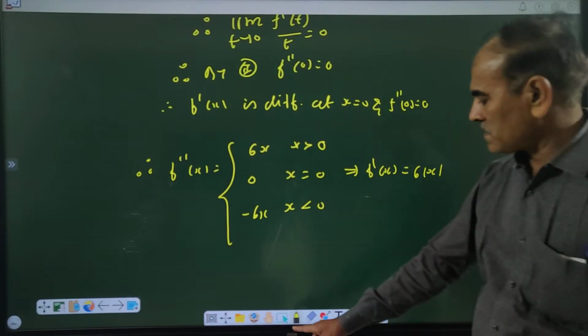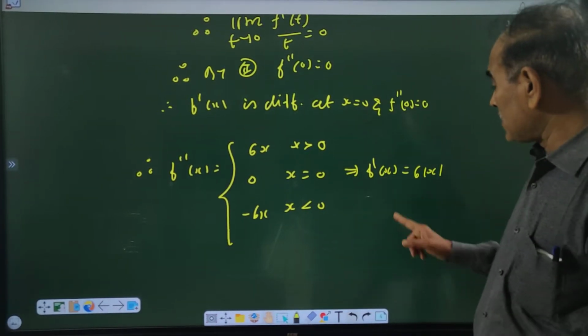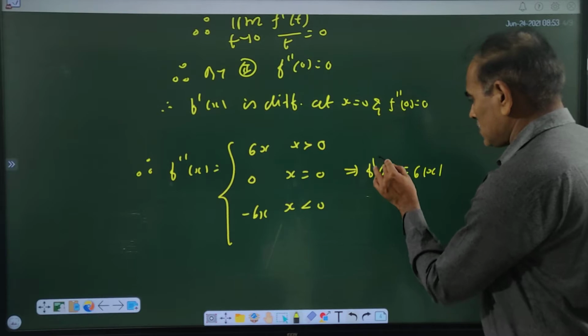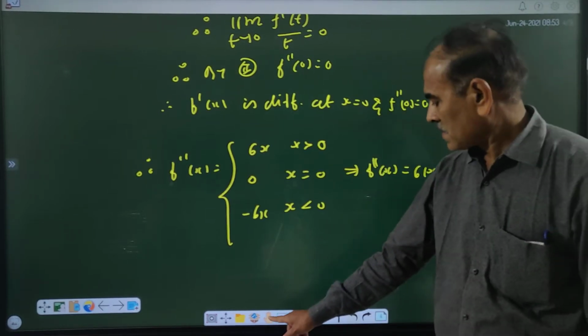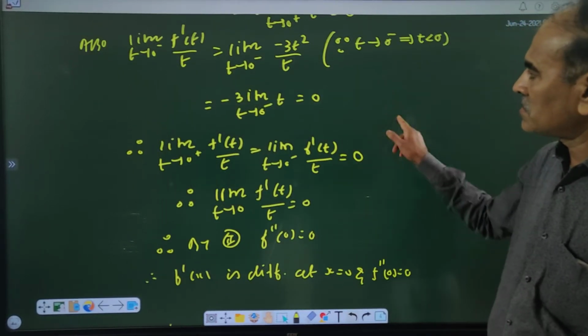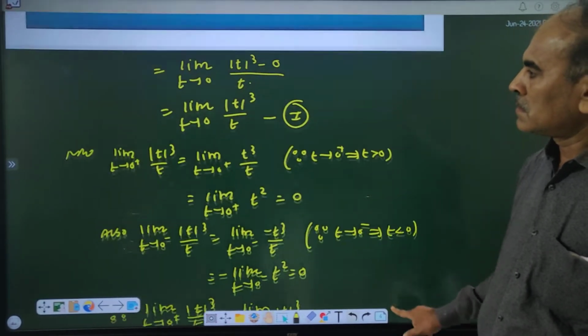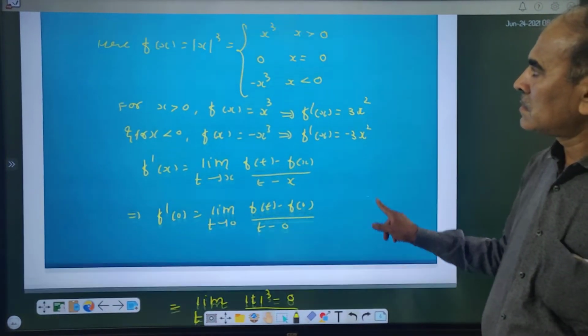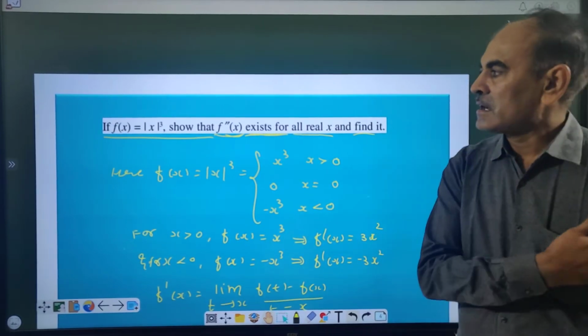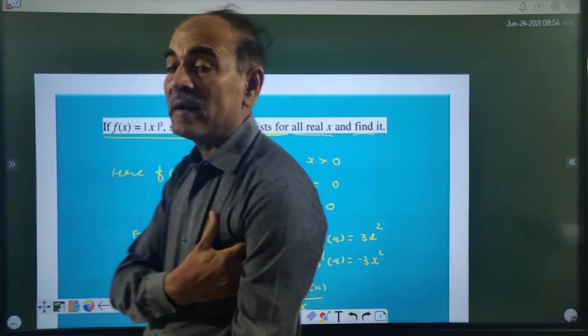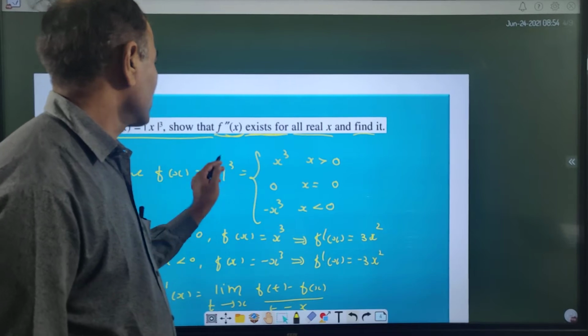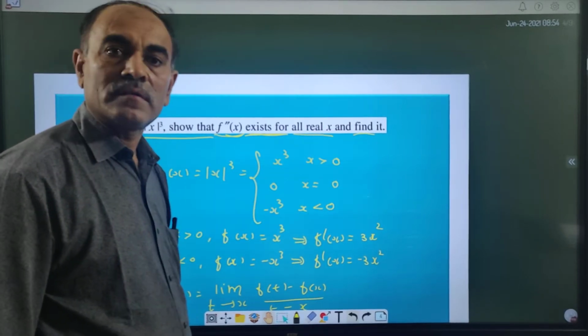That we want to find. See, find f double dash x. What is f double dash x? See what they want. So that f double dash exists for all real x, and find it.